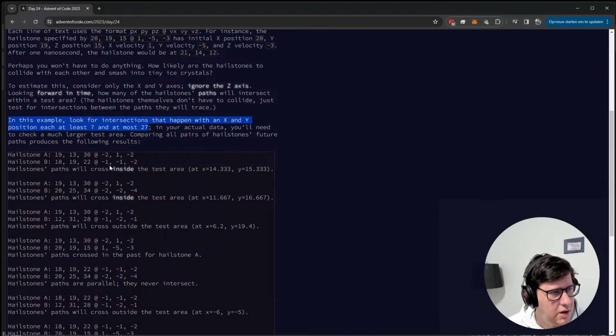A and B, they will cross inside the test area there. Basically what you can see is this one is lower and it increments, this one is higher and it decrements.